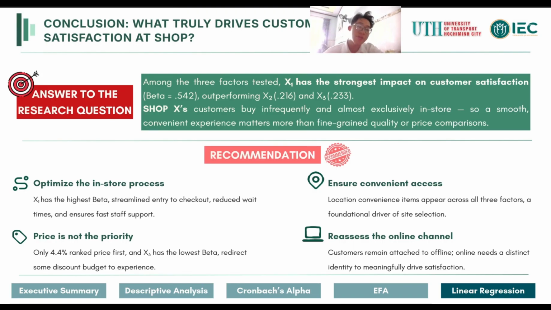The third is to ensure convenient access to the location. And the final one is to strengthen the online channel, because customers are mostly served by the office, so the online channel needs a distinct identity to meaningfully raise satisfaction.